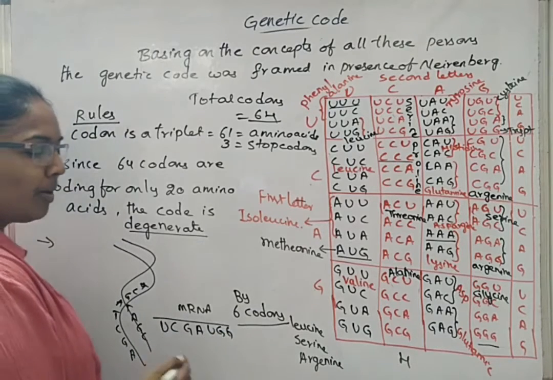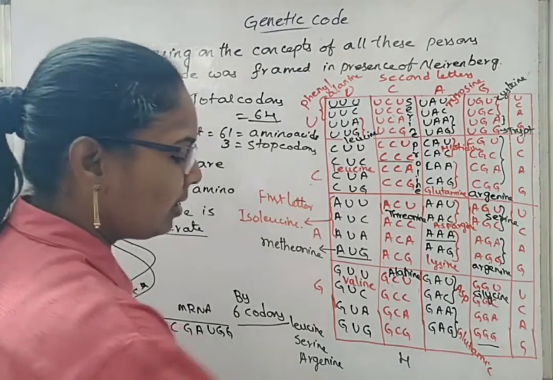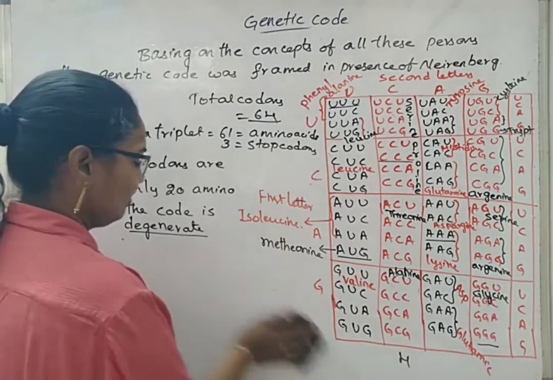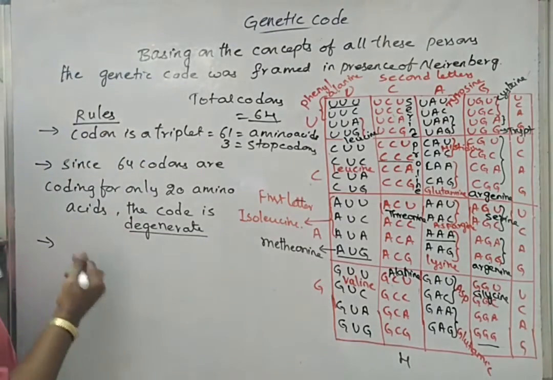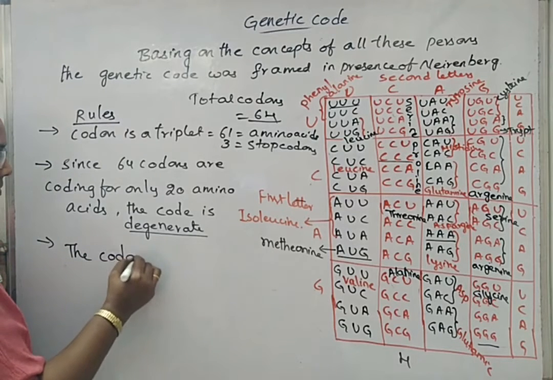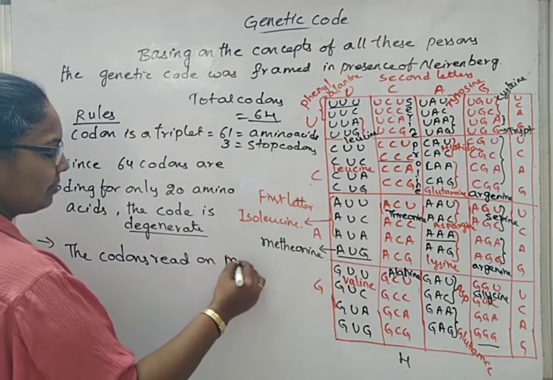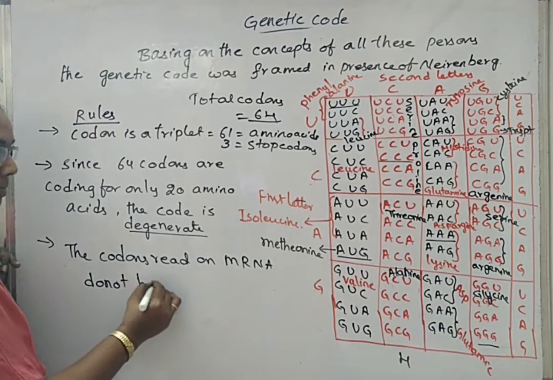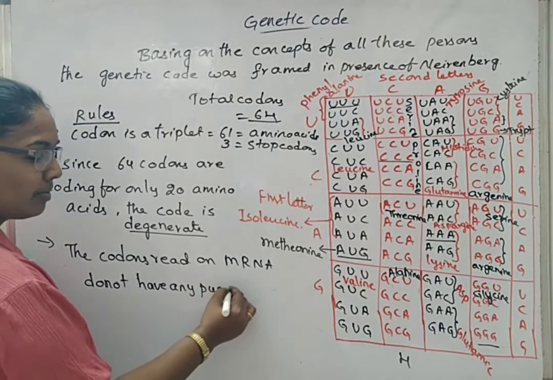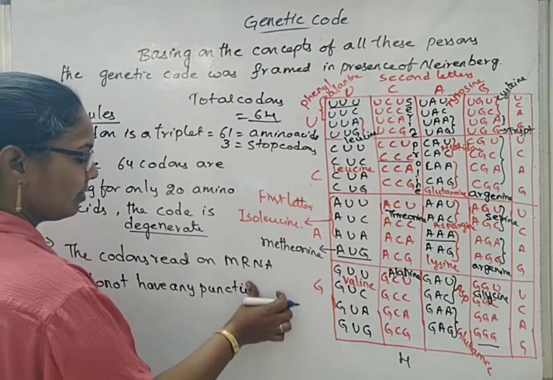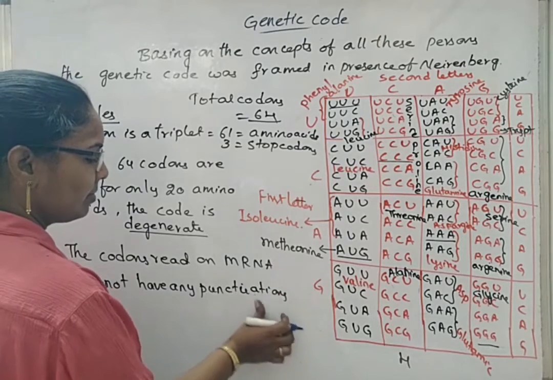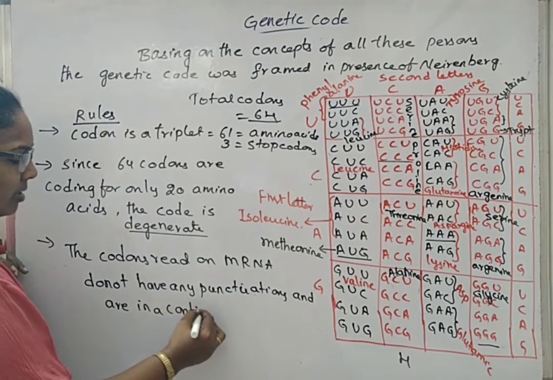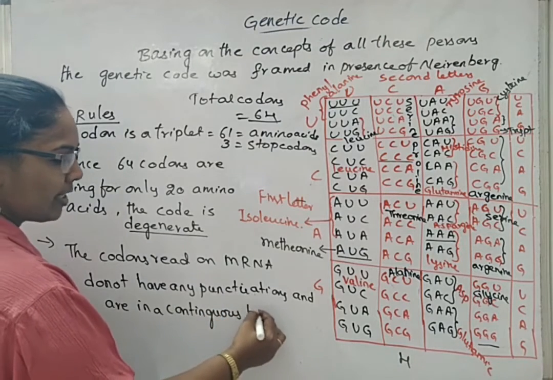There is no comma or any type of punctuation between the codons when they are present on the genetic material. The codons read on mRNA do not have any punctuation and are in a contiguous, means continuous, fashion.